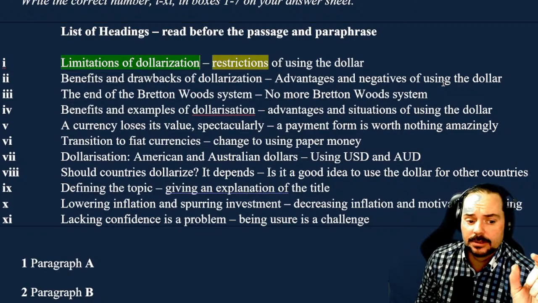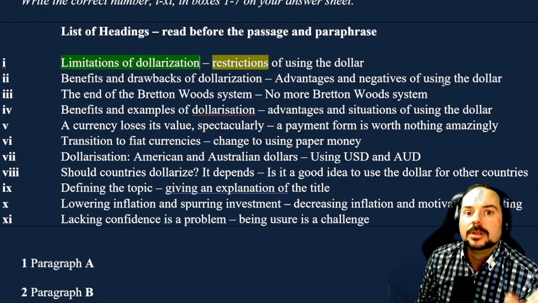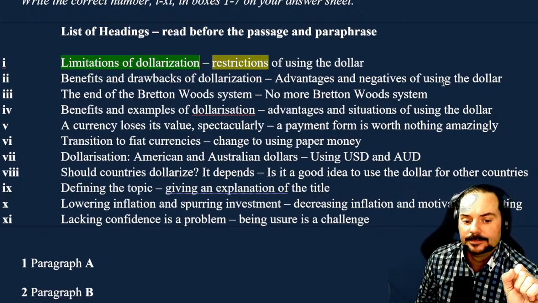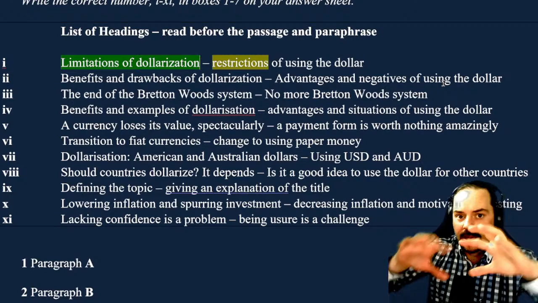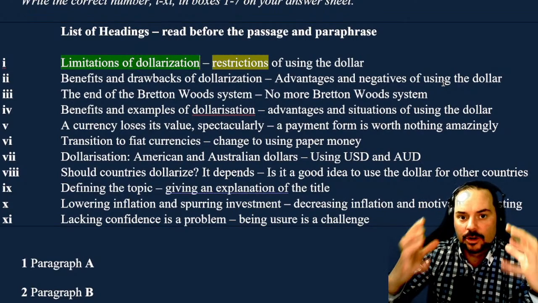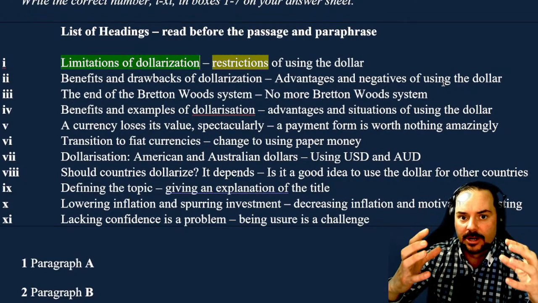Chat says number 9, defining the topic. Why? Because it says what dollarization means. Defining means what does it mean? Exactly. That's the only choice which accurately encompasses the entire content of that introductory paragraph, right?